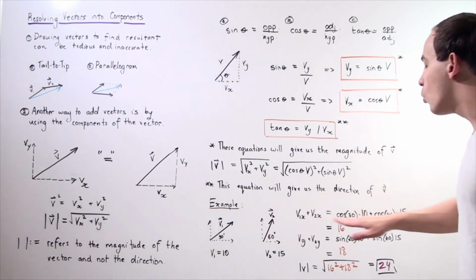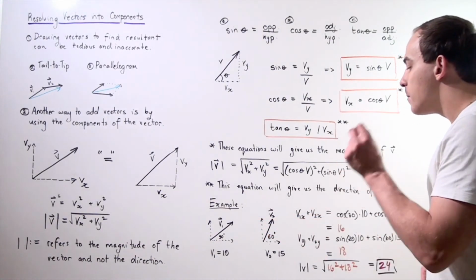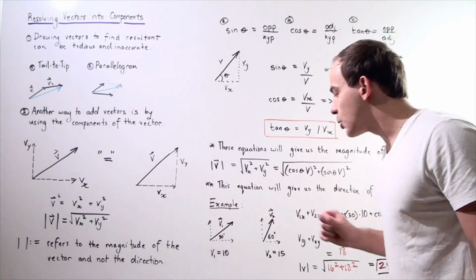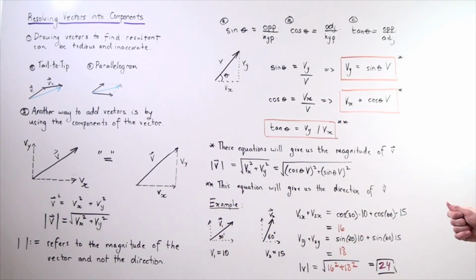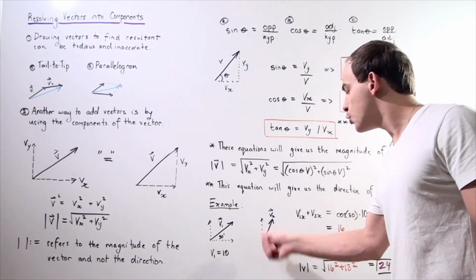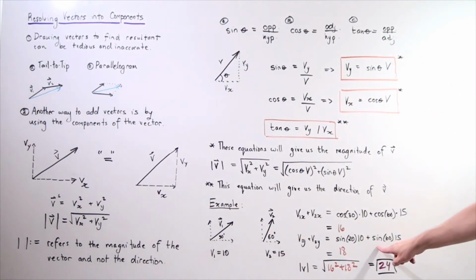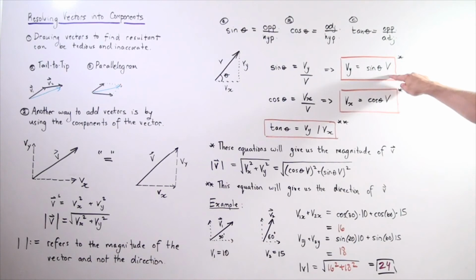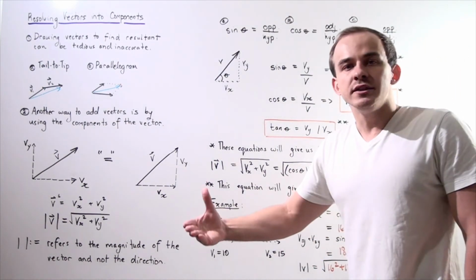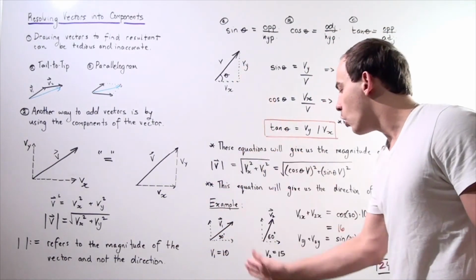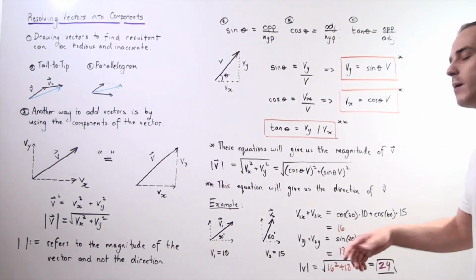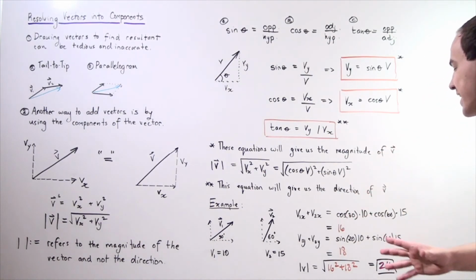What about along the y direction? The component along the y direction of V1 is sine of 30 times 10. The component of vector 2 along the y direction is sine 60 multiplied by 15, as given by this formula. So the resultant component of the combination of these two vectors along the y direction is approximately 18.